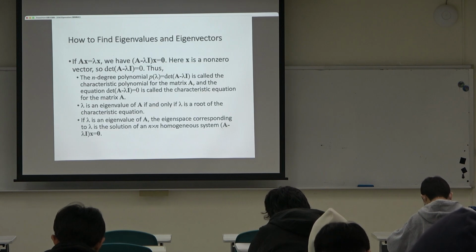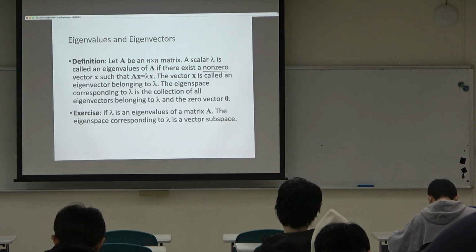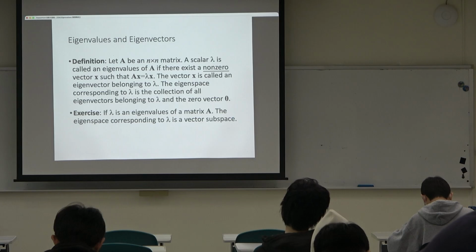Let me go back. If there exists a non-zero vector x such that Ax equals lambda x, here I have never said that lambda cannot be 0, right? The only thing I say is the corresponding eigenvector has to be a non-zero vector.